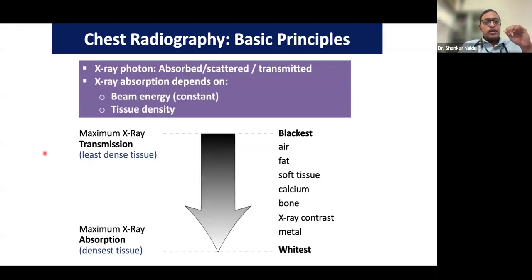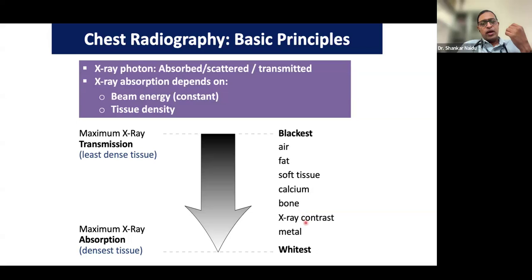The basic principle of chest radiography is that a beam of X-ray photons is put on the subject, and the rays are captured by the X-ray film. Depending on the intervening structures between the photon beam and the X-ray film, various images appear on the film. Structures like air won't absorb the X-ray photons, so they appear the blackest on the film.